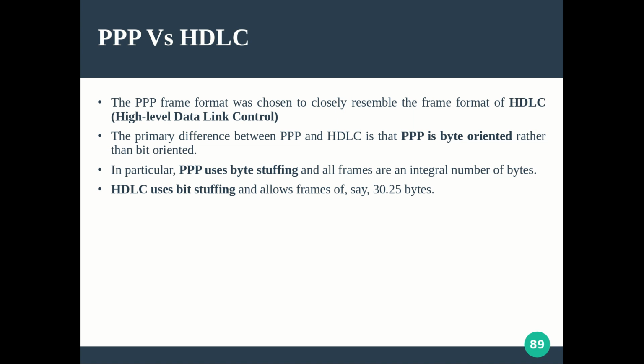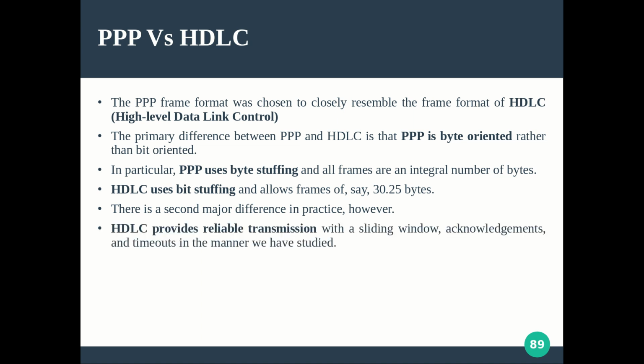But in HDLC, as you are stuffing just a bit, you can't ensure that the frame size is an integral multiple of bytes, something like 30 bytes or 32 bytes. That is not possible. You can even have 30.25 bytes, that kind of frame length. That is because of the bit stuffing concept, since even the stuffed bit is part of the message. So that is a second major difference in practice between these two.